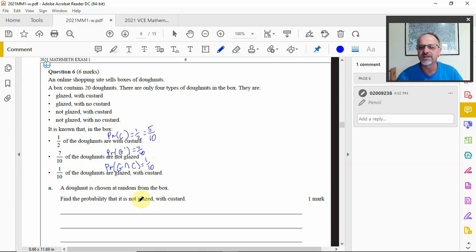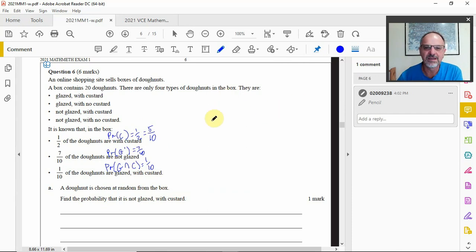Now, while the question doesn't ask for a Karnaugh map or a tree diagram or anything like that, it's probably going to, because it says not glazed with custard. So it's somehow with these two, but how do we work it out?